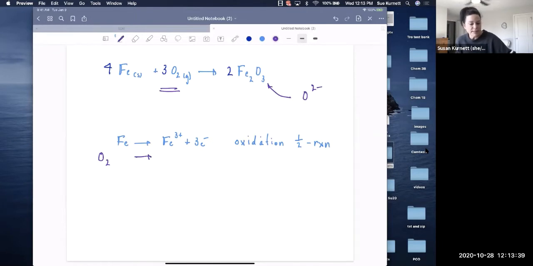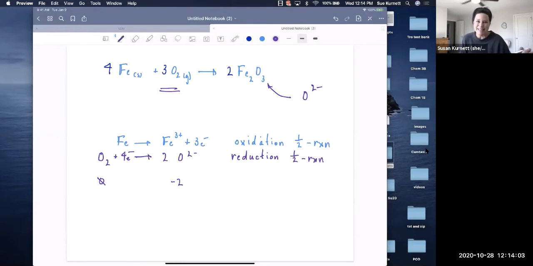Because there's 2 atoms, it must have gained 4 electrons. So here we have a reduction half reaction. Oxygen went from having a charge of 0 to having a charge of -2. It went down in number according to the number line, and so that's a reduction. Gain electrons, your number goes down, you're reduced.